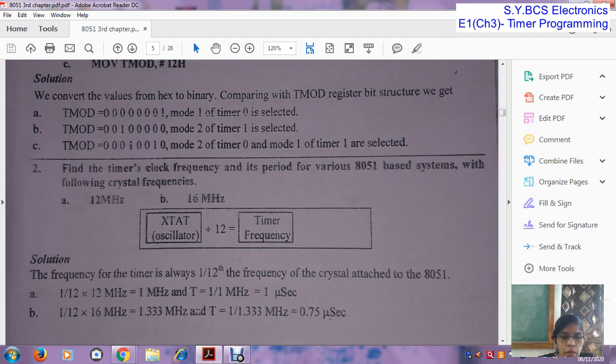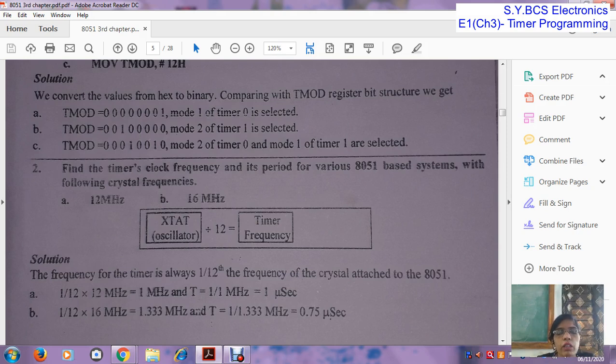Time period is 1 upon timer frequency, so we get a time delay of 0.75 microseconds for 16 megahertz, and for 12 megahertz we get 1 microsecond. In this way we can calculate the timer frequency and time delay.